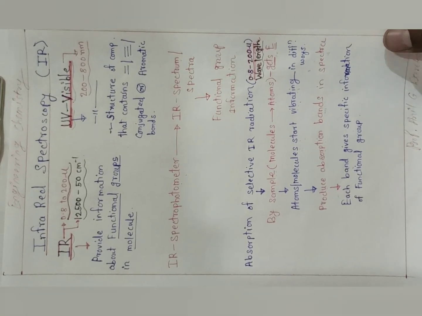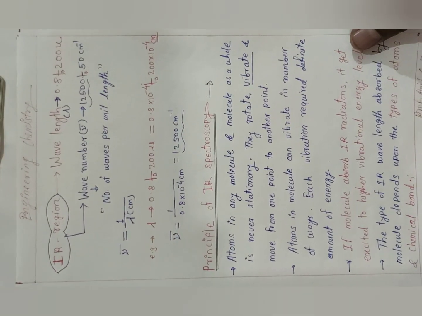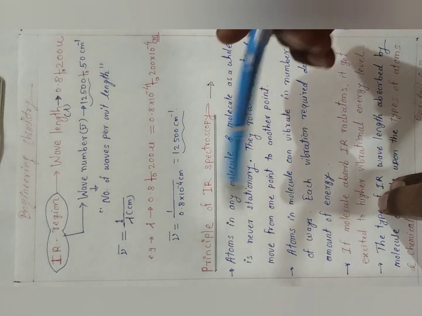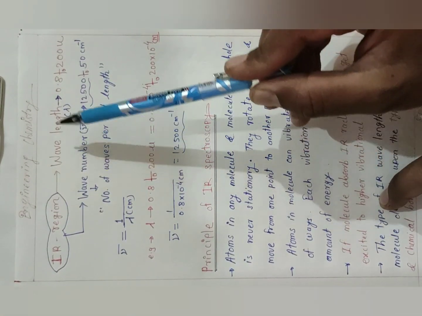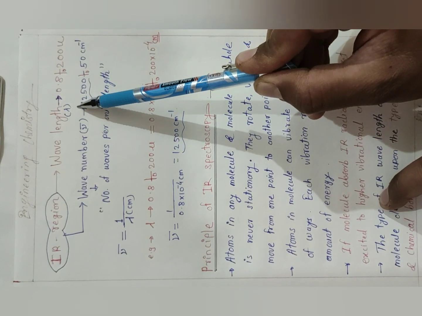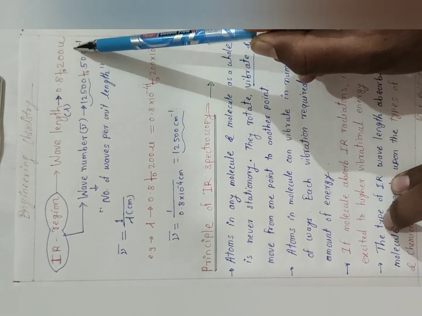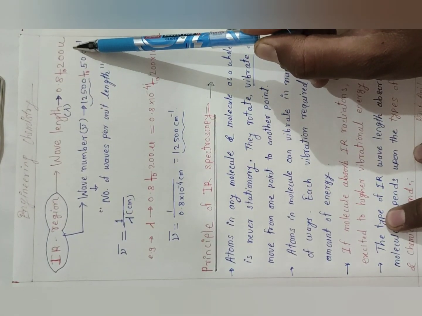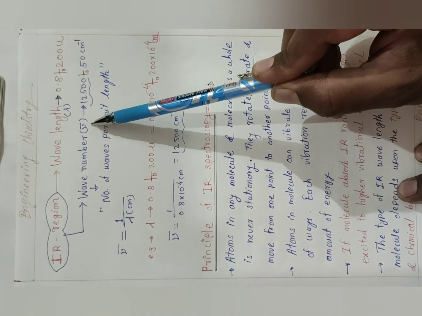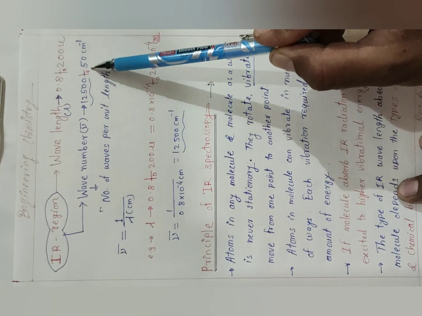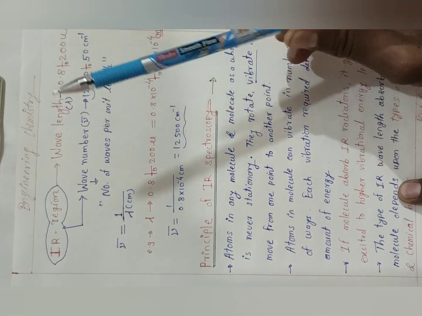Now, as I said, the range of the IR region is in wavelength or in wave number. Wavelength lambda ranges from 0.8 to 200 micron. And wave number nu bar is 12,500 to 50 centimeter inverse.